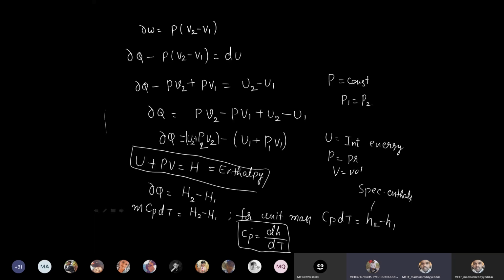So the basic equation is δQ minus δW equals dU. That is one equation. Again, work done equals the integral of PdV. From these two equations, we are going to derive heat and work interaction for all 4 processes. Now tell me, what is work done in a constant volume process?